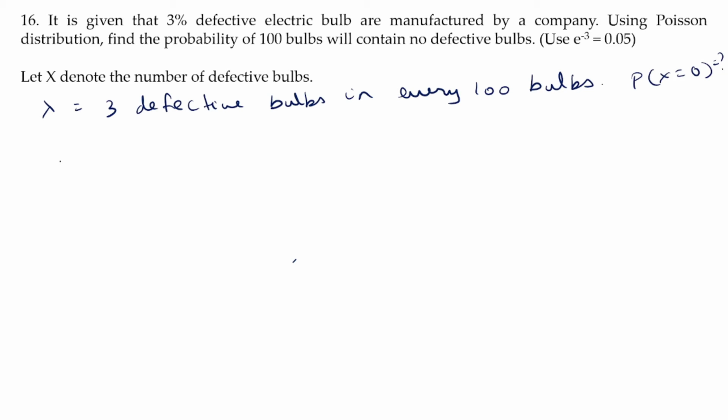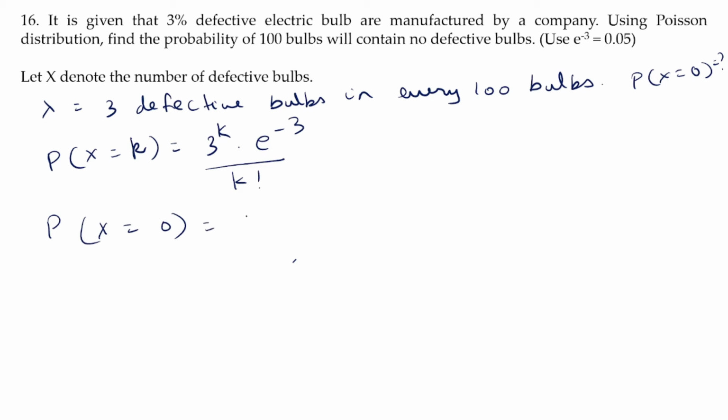Now, the probability mass function for this Poisson distribution is given by probability of x is equal to k, equal to lambda raised to k, lambda is 3, so it is 3 raised to k, e raised to minus lambda, that is minus 3, by k factorial. Now, we need to find probability of x is equal to 0.